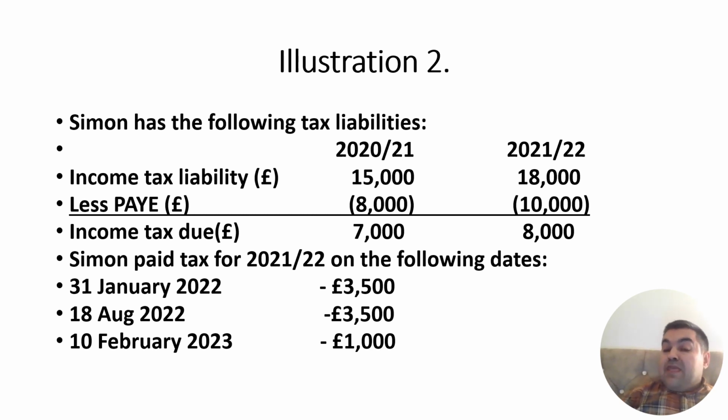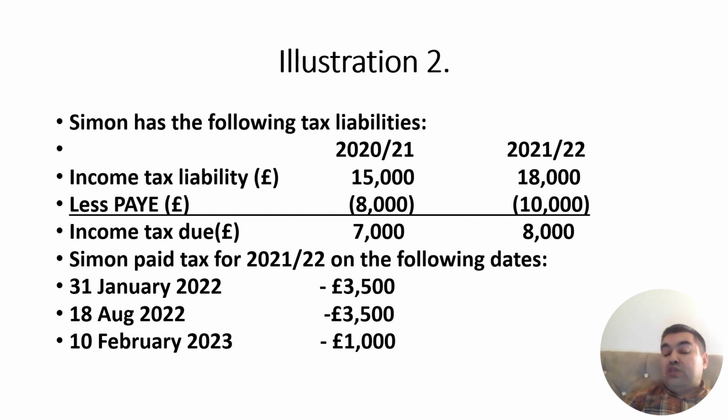Remember, because of the tax liability for 2020-21, he must have made payments on account for 2021-22 based on that amount. So here Simon paid tax for 2021 on the following dates. On 31st of January, because of the payment on account, he made one payment of 3,500. So you divide the 7,000 by 2.